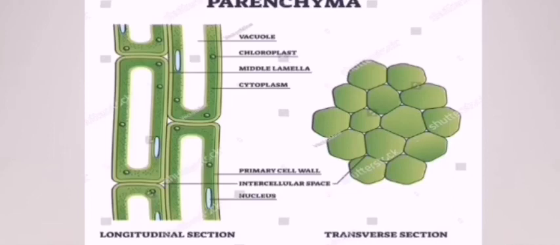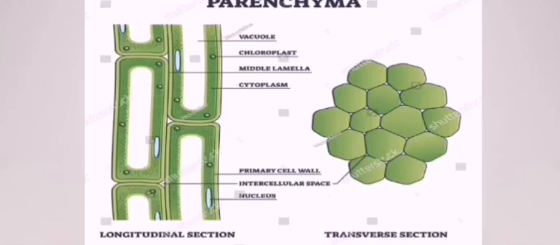In the question paper, if they ask you to draw parenchyma, you can either draw the transverse section or longitudinal section. But if they are asking you to label certain parts, it is always good to draw the longitudinal section where you can clearly label the vacuoles, chloroplast, cytoplasm, nucleus, the primary and secondary wall, everything.